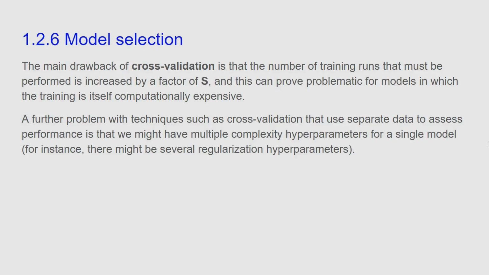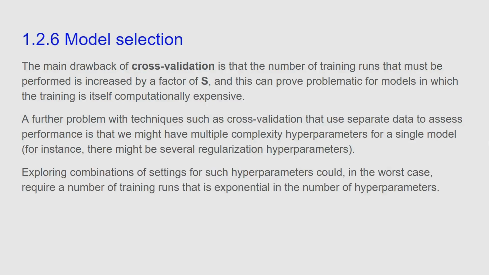There might be several regularization hyperparameters. Exploring combinations of settings for such hyperparameters could, in the worst case, require a number of training runs that is exponential in the number of hyperparameters.